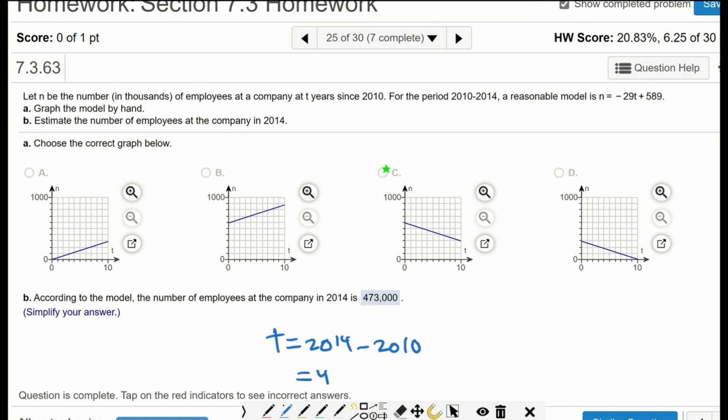So all we have to do is replace T with 4 in this equation. Let's go ahead and work that out.